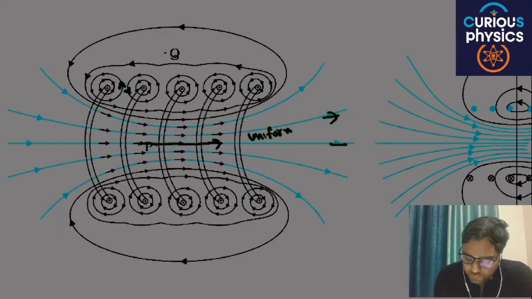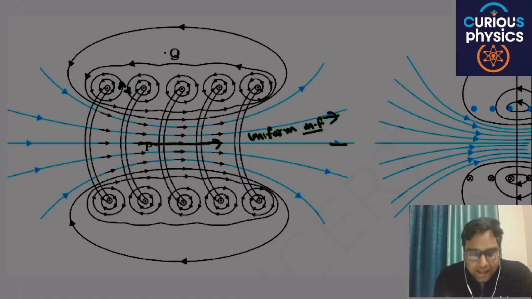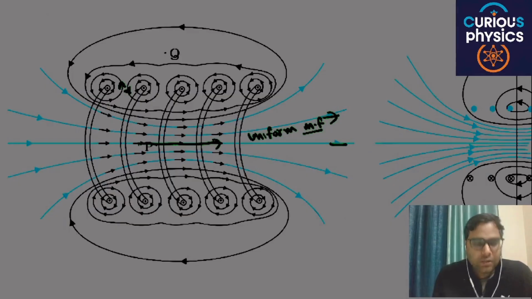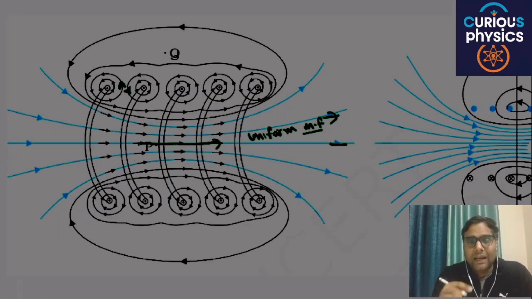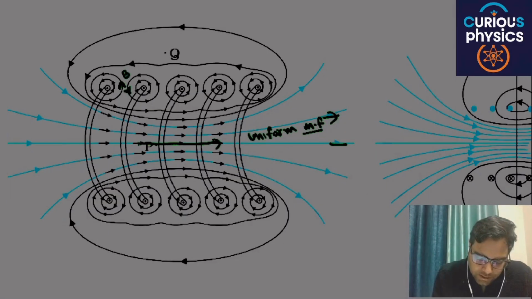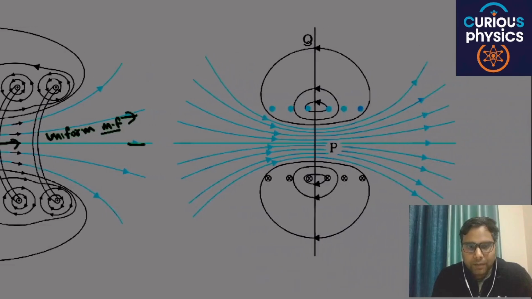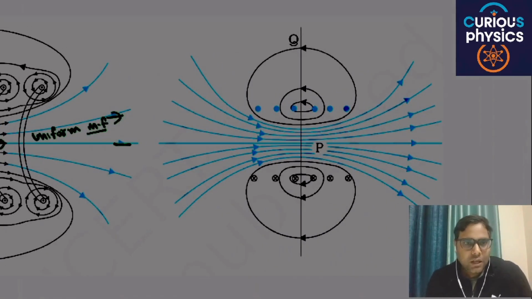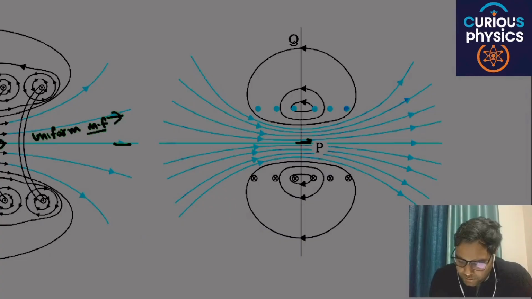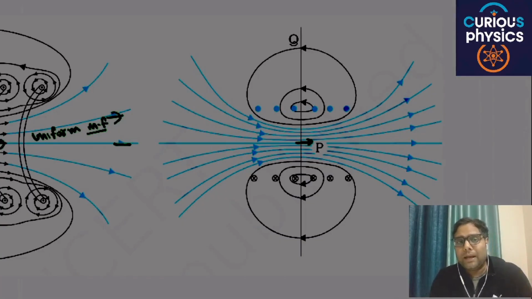But at these particular points, the adjacent turns' magnetic fields cancel each other, so the net magnetic field will be 0. Inside the solenoid, at the central point, you will get approximately uniform magnetic field. Are you able to understand my point or not?